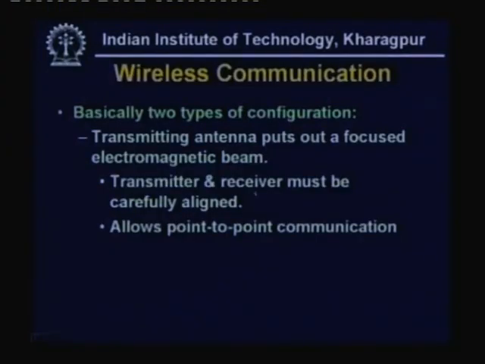So the antenna will focus a signal in a particular direction, and in that case the transmitter and receiver must carefully align, and obviously this will allow point-to-point communication. So in this configuration you have got two antennas which are communicating with each other. So it is a point-to-point communication. This is one possible configuration.